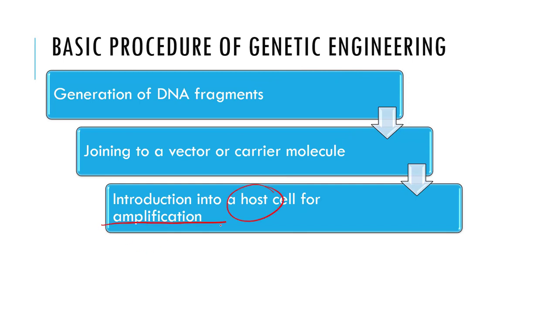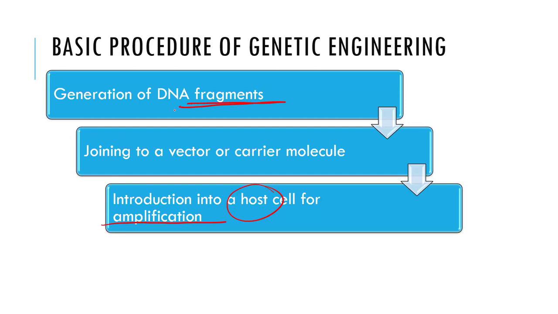If you take a look at this particular word, fragments, we are not taking just one fragment, because sometimes it becomes very difficult to isolate just one small piece of DNA.